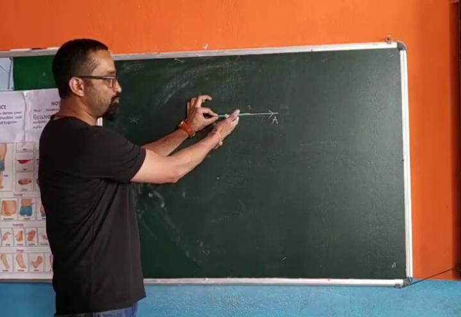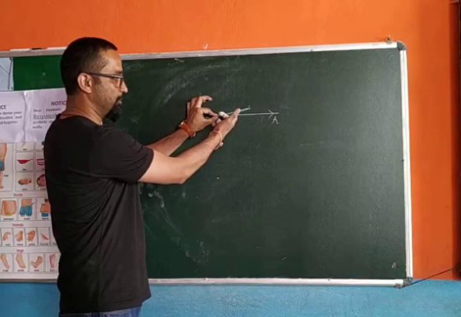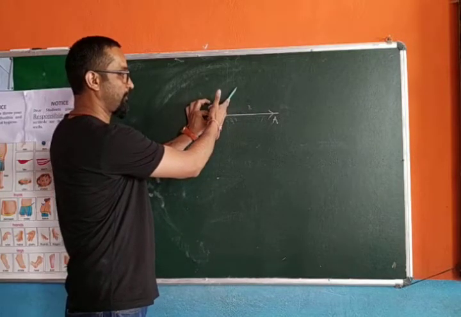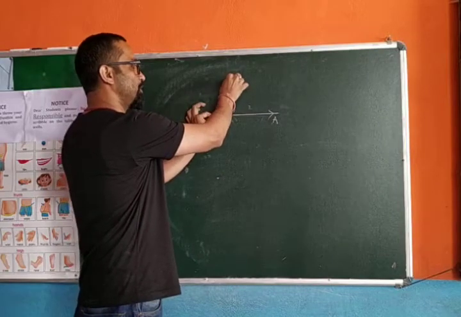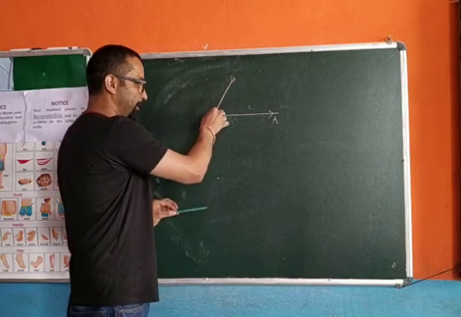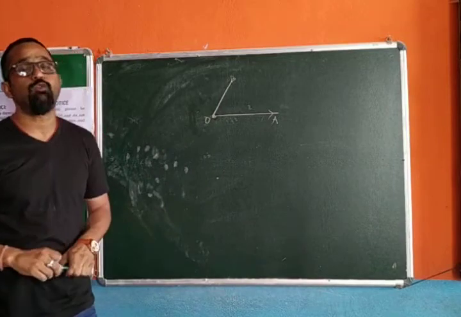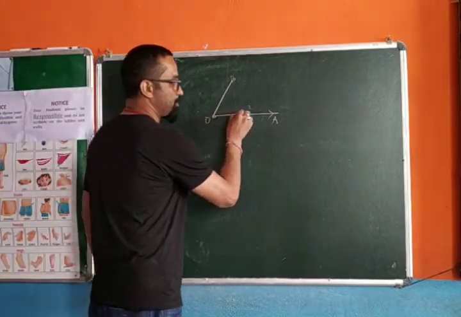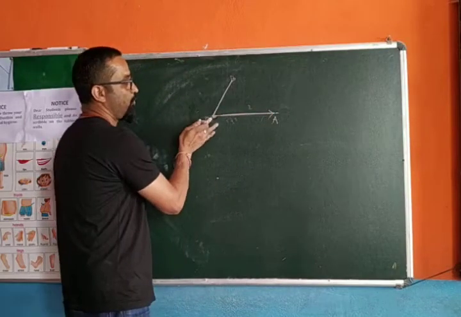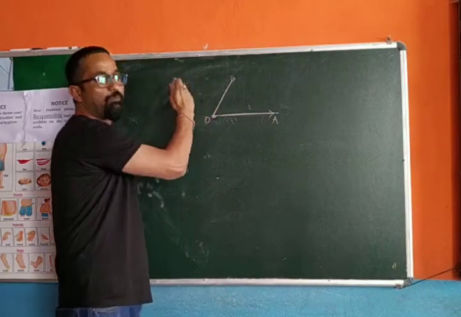When I start moving this pencil upward, the ray is moving upward and I am getting an angle formed. This ray is kept fixed. OB is rotating upward.